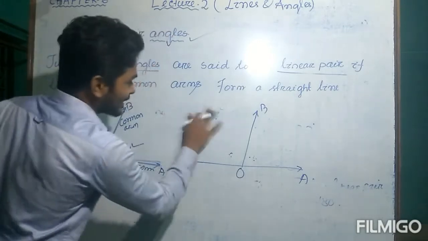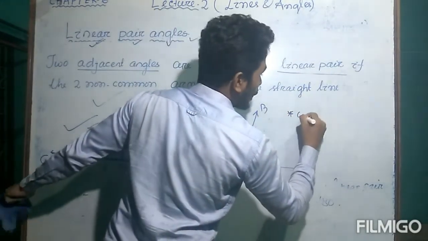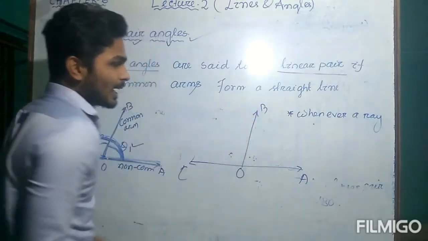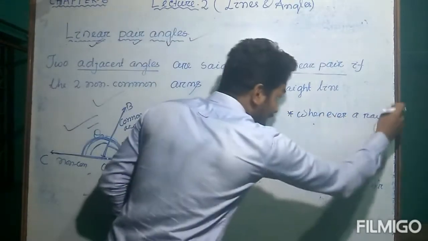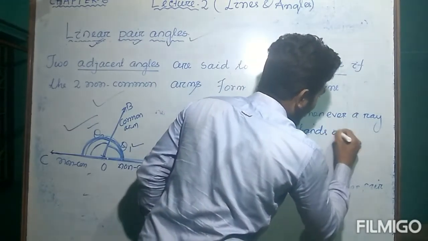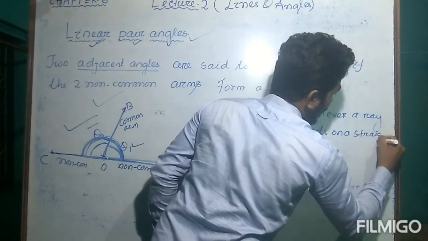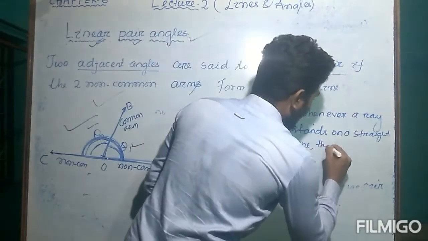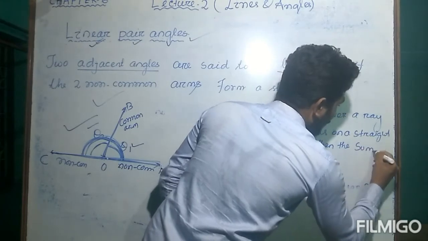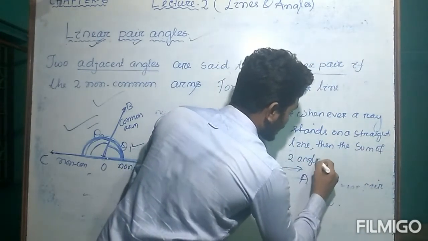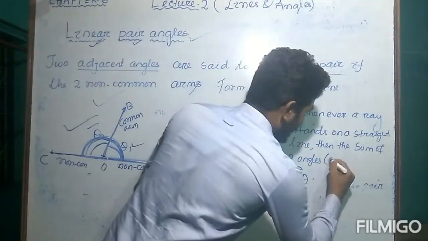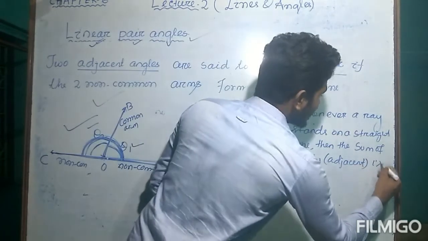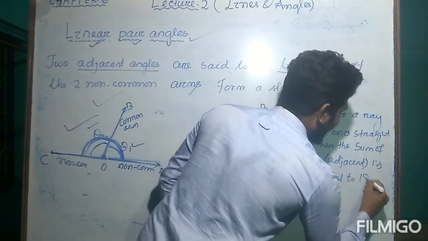Okay? So we can write, whenever a ray, this ray OB, stands on a straight line, then the sum of the two angles formed, and remember these two angles are adjacent, is equal to 180 degrees.